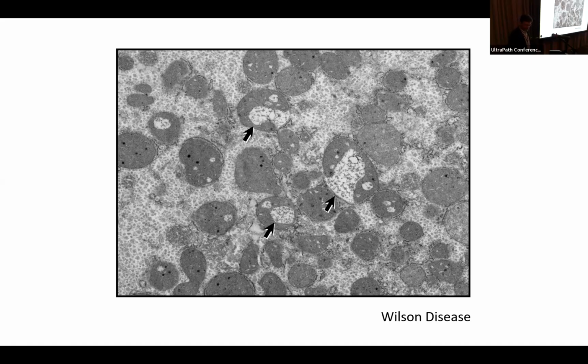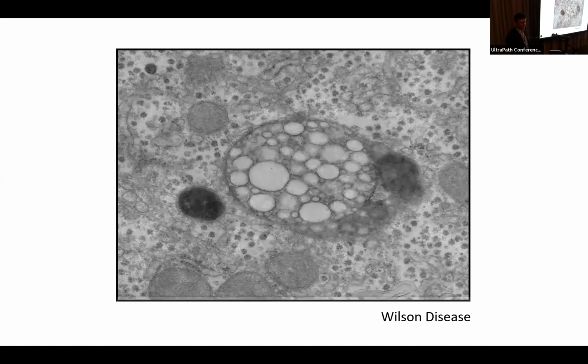And that seems to be one of the only very consistent findings that we see in Wilson's disease. Sometimes we refer to these as bubbly lysosomes, but that's not always reliable.